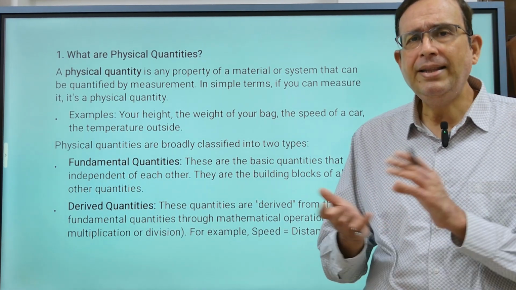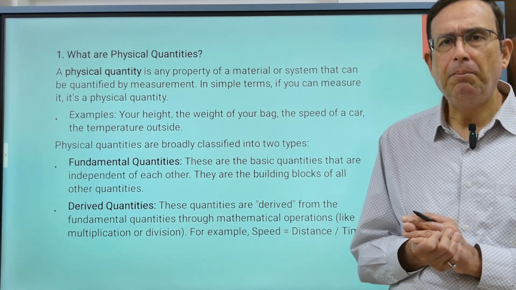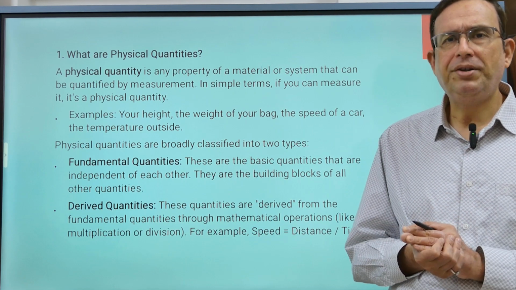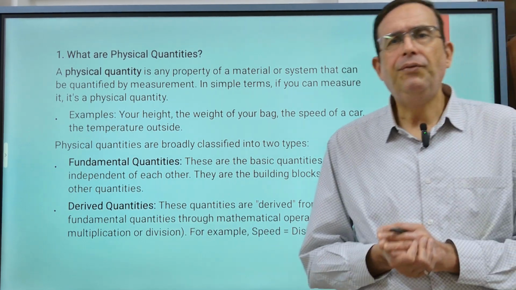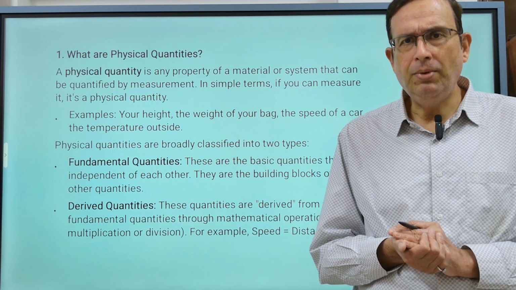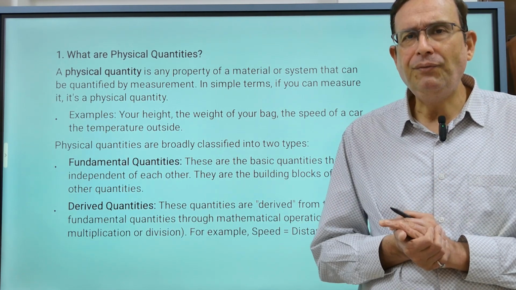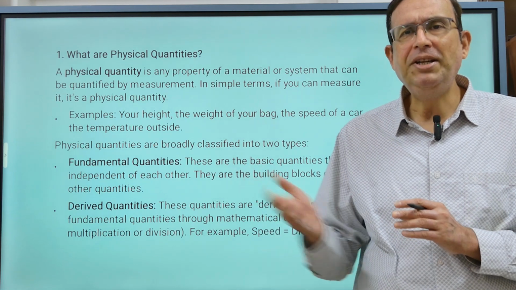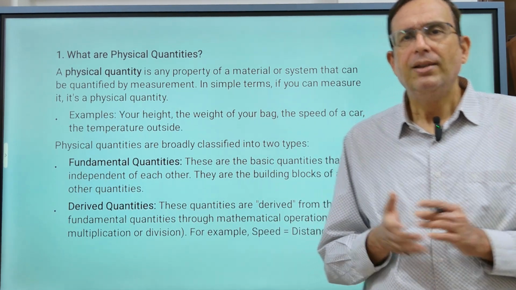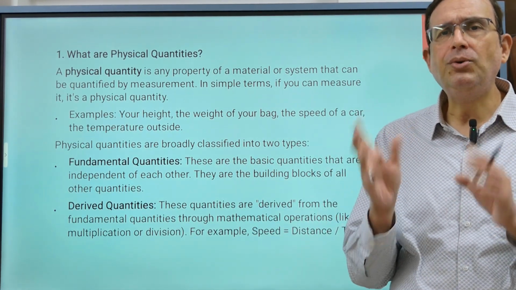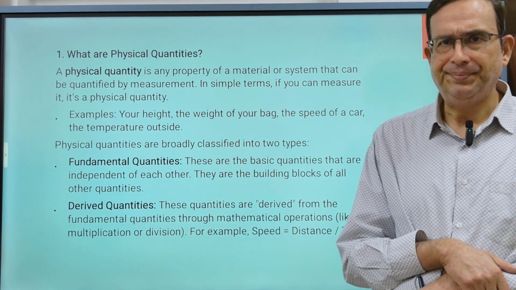Anything which can be expressed in numbers is a physical quantity. For example, the length of a human being, either 6 feet or 6.1 feet or 2.7 feet, or 7 meters or whatever, is a physical quantity because you can express it in numbers.